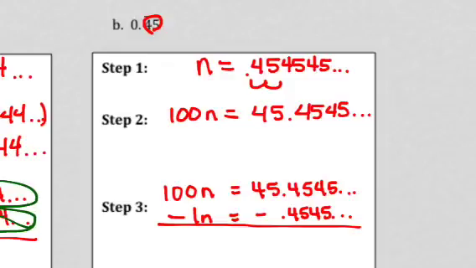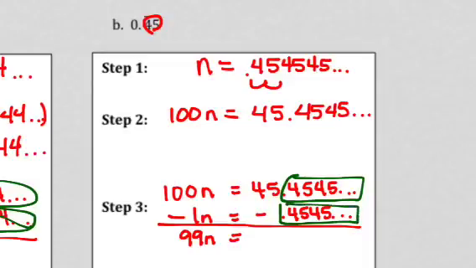So 100 n's, take away 1 n, leaves us with 99n. And then the 0.45 repeating here, take away the 0.45 repeating here, cancels out. So we are just left with 45 over here.